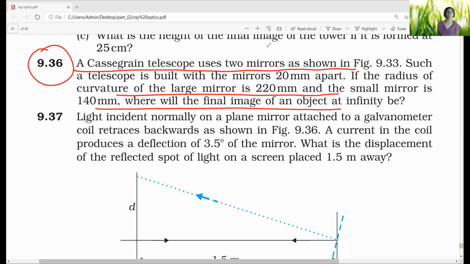So here, what they have given: the distance between objective mirror and secondary mirror, d is equal to 20 millimeter, and the radius of curvature of the objective mirror, let us take it as r1, that is 220 millimeter.